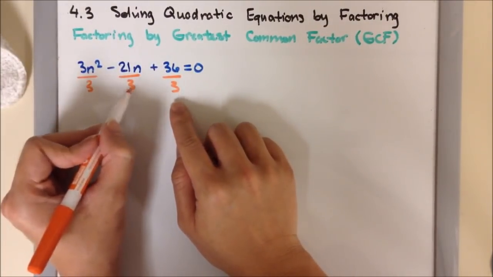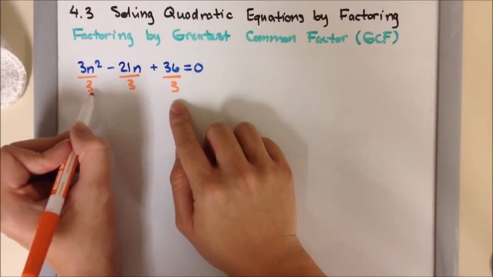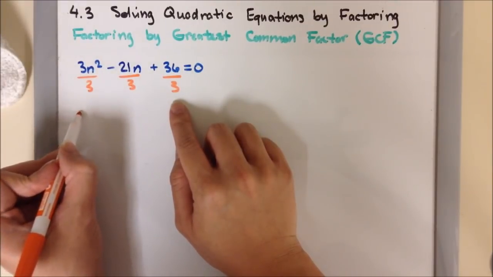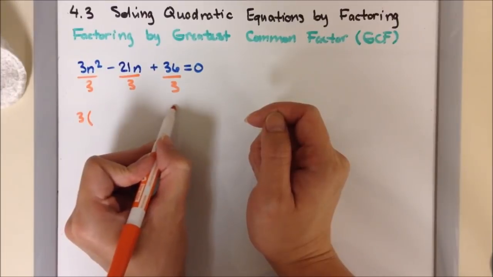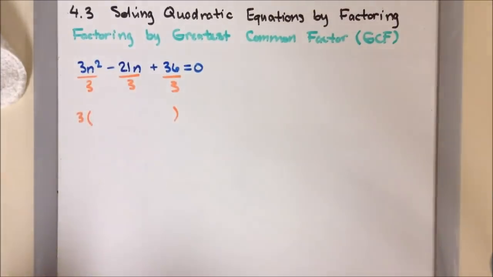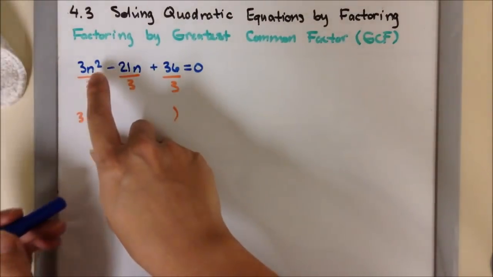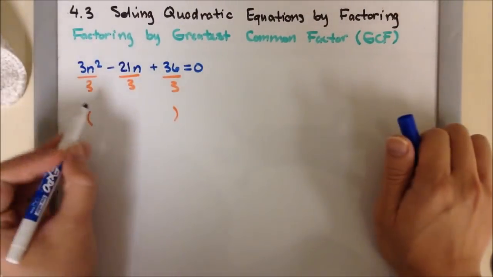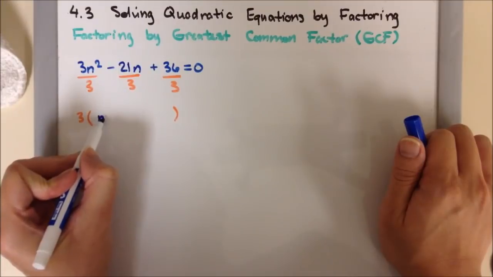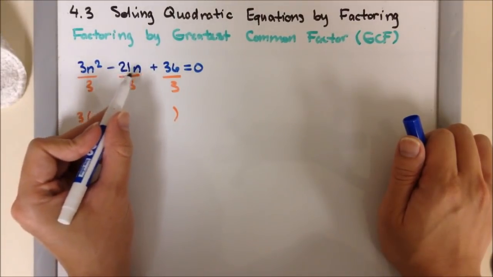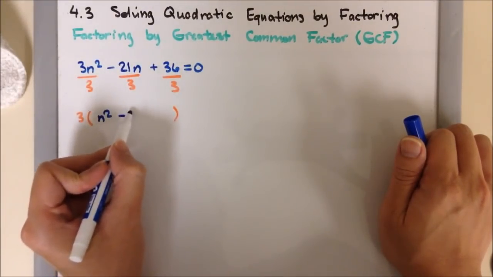So my common number that I'm dividing by, the 3 in orange, will be on the outside of the parenthesis. So again, outside of the parenthesis. 3n squared divided by 3 simply becomes 1n squared, or just n squared. Negative 21n divided by 3 will be minus 7n.